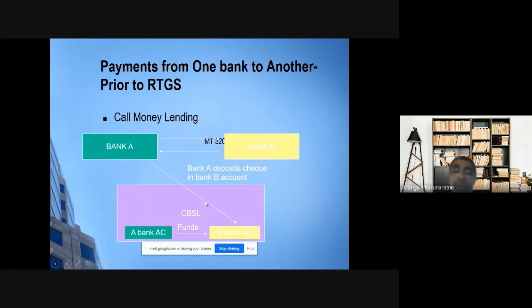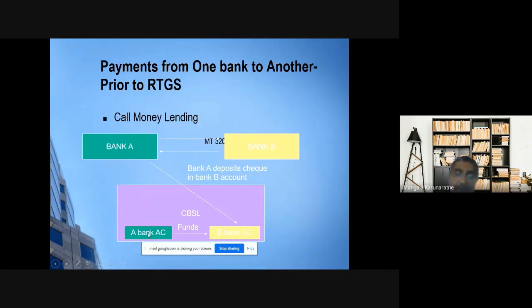So when they deposit money, the central bank will move funds from Bank A's account to Bank B's account. So that funds movement will be done by central bank. That is also a manual fund transfer they will do.